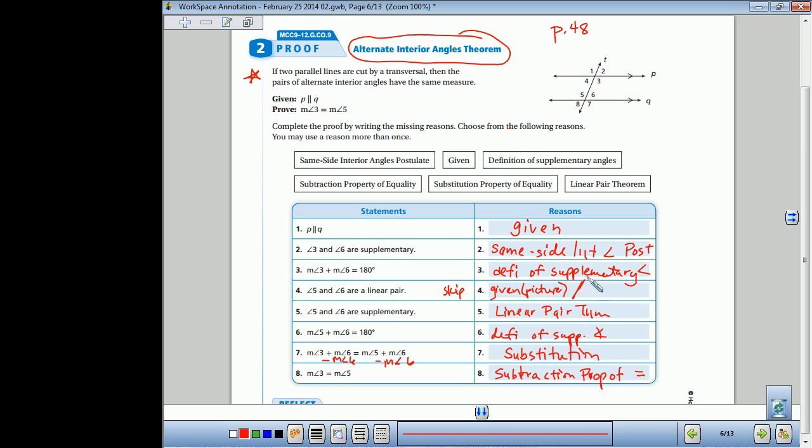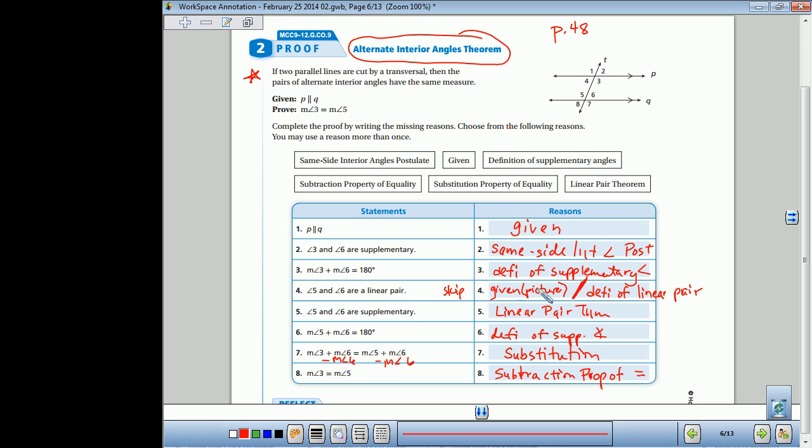So if this were mine, I would say these are a linear pair because that is the definition of linear pair. Because if I look at the picture, I can see angles 5 and 6 are two angles that share a side and they form a straight line. Now, because they are a linear pair, they equal 180. They're supplementary, so they equal 180.